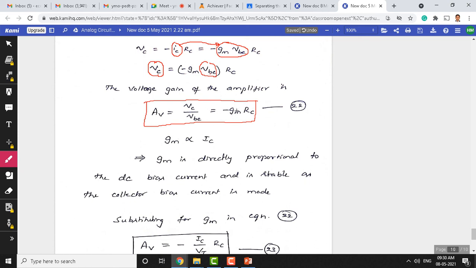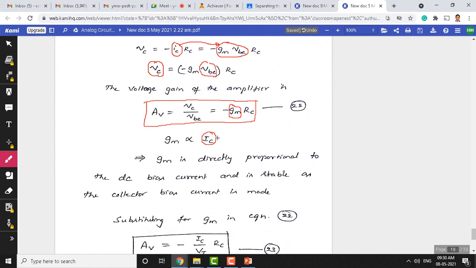Now we know that this gm factor is associated with other parameters as well. One of them is that gm, the transconductance, is proportional to the DC collector current. So this collector current has to be maintained constant. We have seen several bias circuits, and how the collector current varies with different transistor parameters.